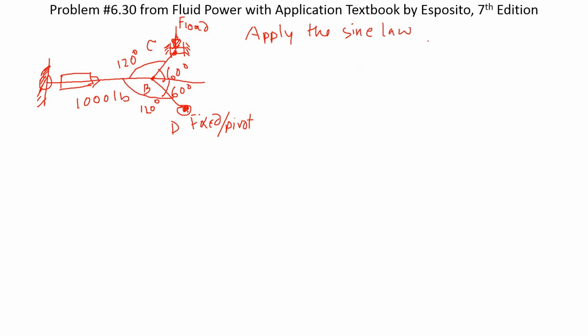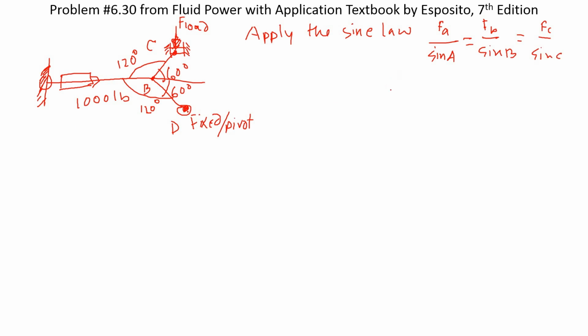The force in a particular arm divided by the sine of the opposite angle are proportional. So if the BD arm force is sine of B, and then the BC arm force and sine of C, they are proportional.